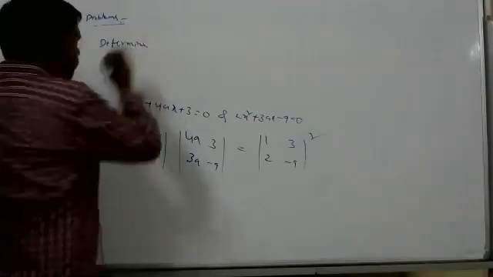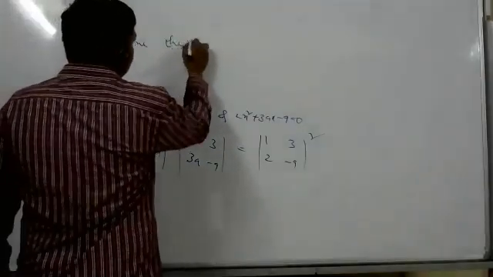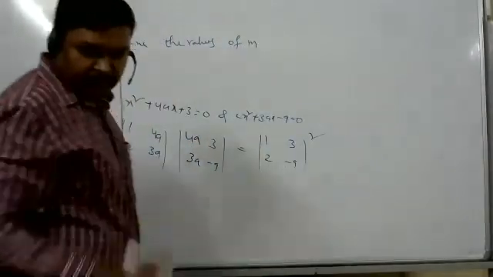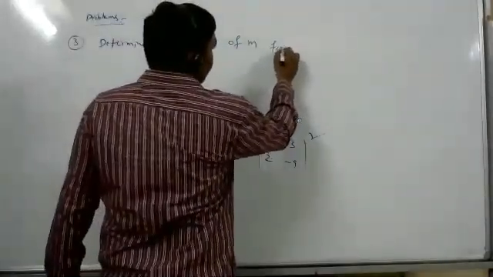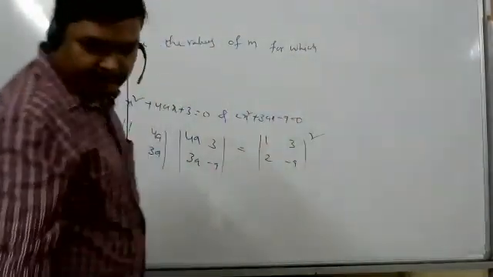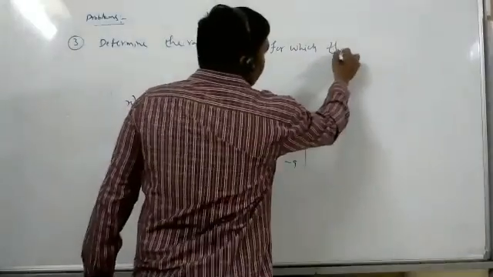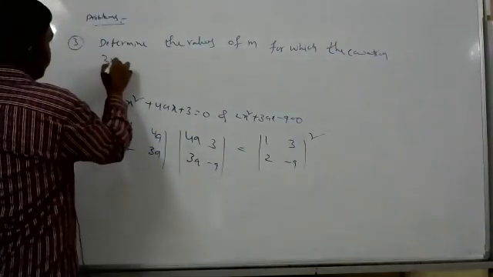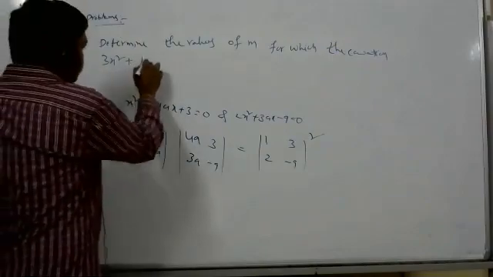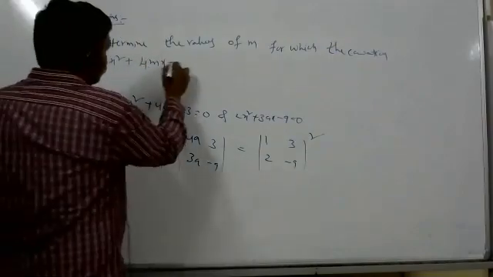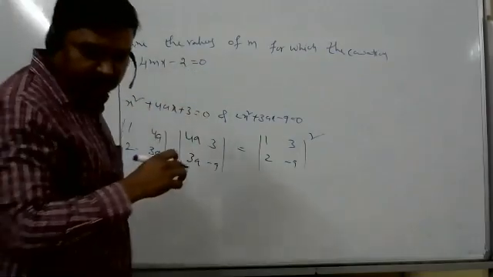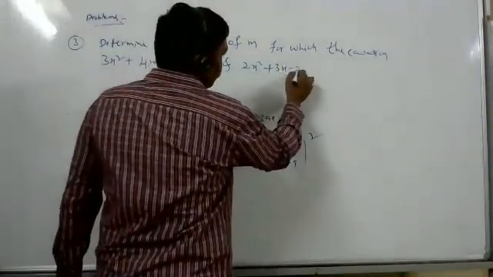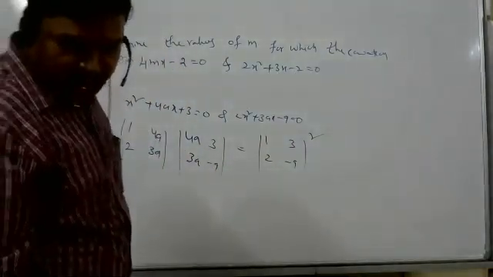Determine the values of m for which the equations 3x square plus 4mx minus 2 is equal to 0 and 2x square plus 3x minus 2 is equal to 0 may have a common root.